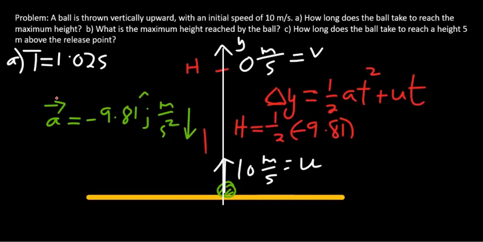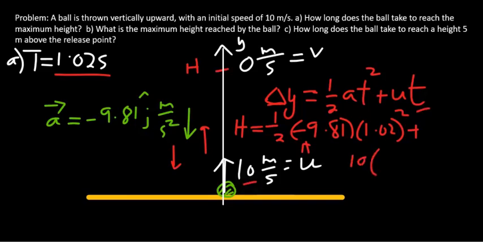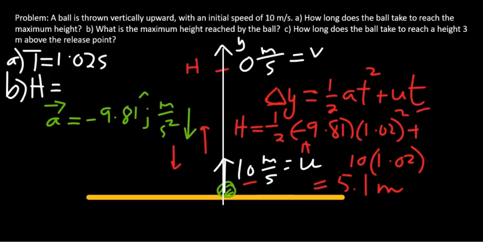The motion is upward, acceleration is downward, thus the negative sign. Time is capital T, which we already found, that is 1.02 squared. Initial speed is 10, that is given to us, times t, which is again 1.02, which will give you 5.1 meters. So that is the answer for part B. Maximum height is 5.1 meters.